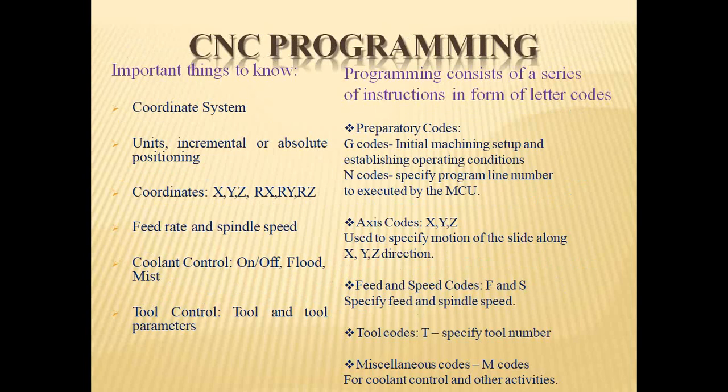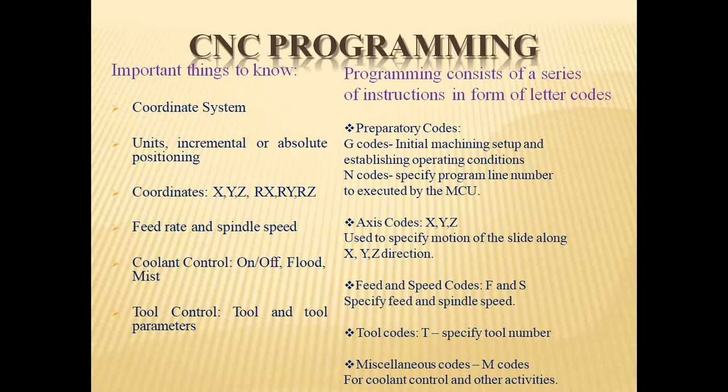We have some basic necessities for how to write a program, and we need some constraints. The first constraint is the coordinate system. If you want to write a program with respect to a coordinate system, we are supposed to give the coordinate points in the x, y and z directions. We are also required to give the feed rate, that is the cutting speed, and the spindle speed, how much the spindle has to rotate per revolution.